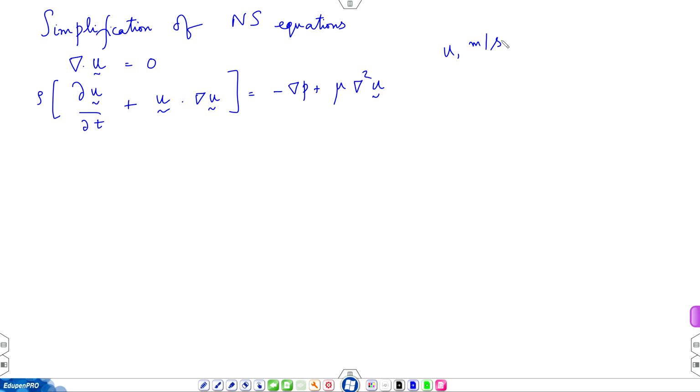If these expressions are non-dimensionalized, we have already seen some advantages of non-dimensionalization. If you remember Moody's diagram, the original relationship was pressure drop is a function of velocity, diameter, length, viscosity, density, surface roughness.